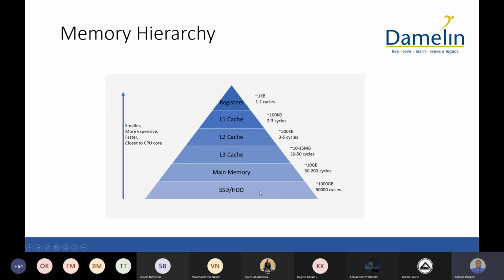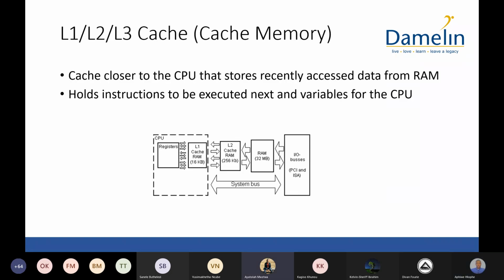So it's accessed more regularly than how it would be on the registers in terms of storage. So that's what it means, the number of cycles. You can see as we go from top to bottom, the number of cycles actually grows. So L1, L2, L3.